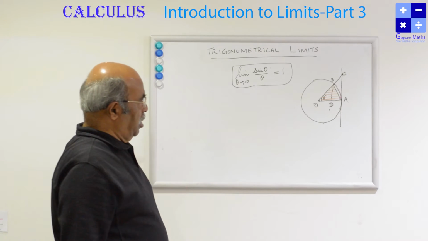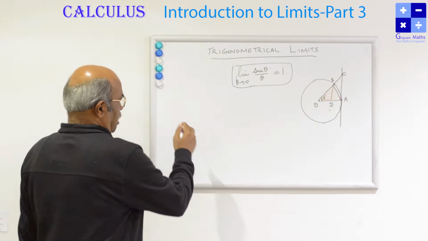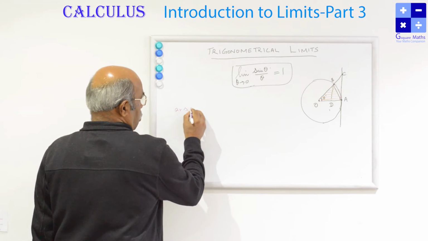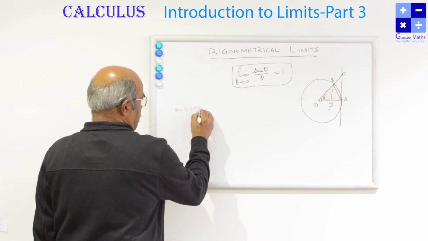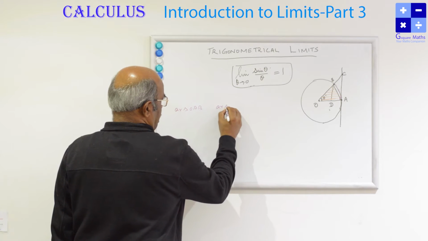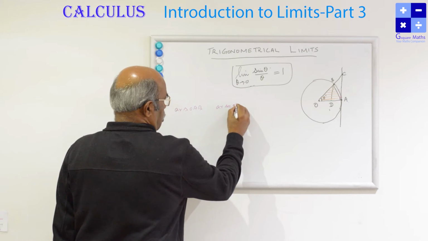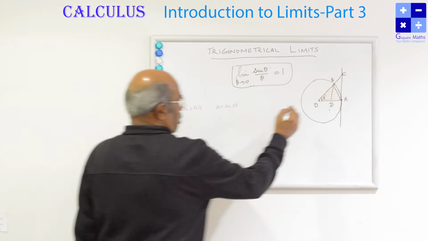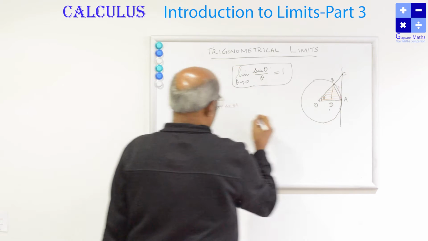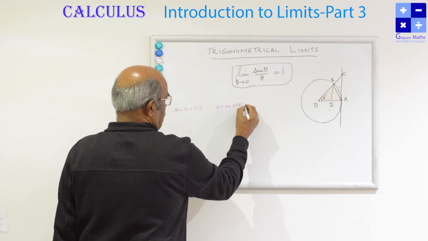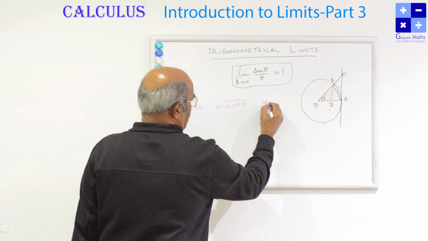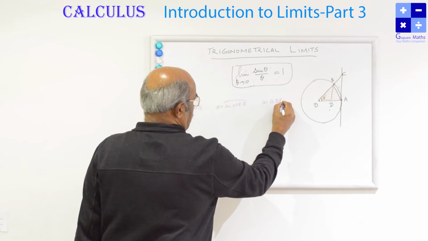Now let me write these three areas: area of triangle OAB, area of sector OAEB, and area of triangle OAC.